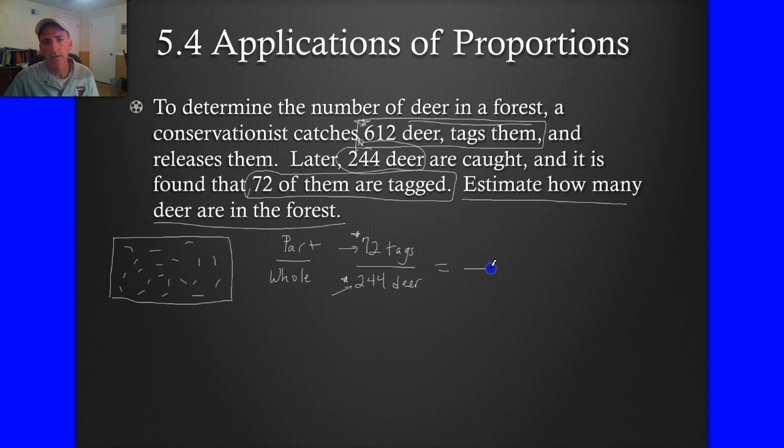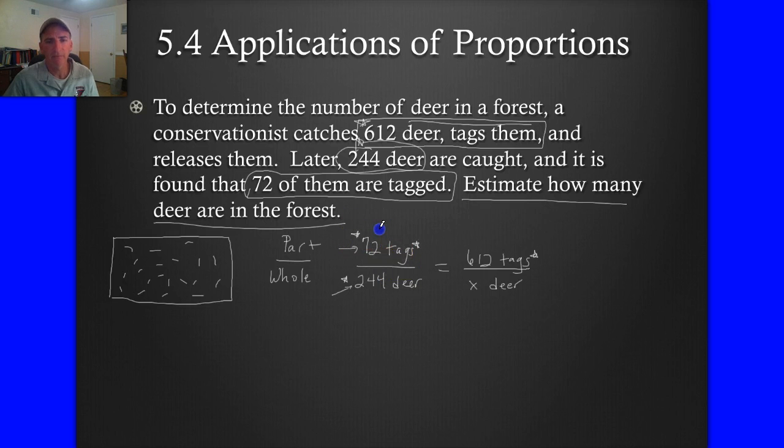So the goal is to find out how many total deer are in the forest if they had tagged 612. Notice how I use the labels to match, whether it's the numerator or the denominator.